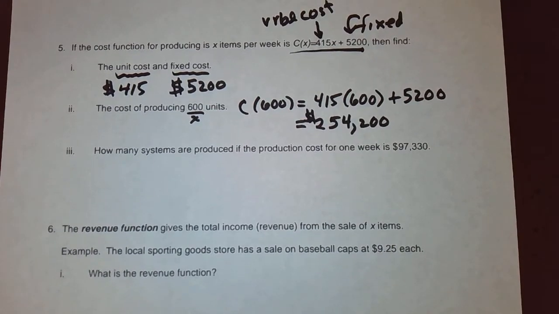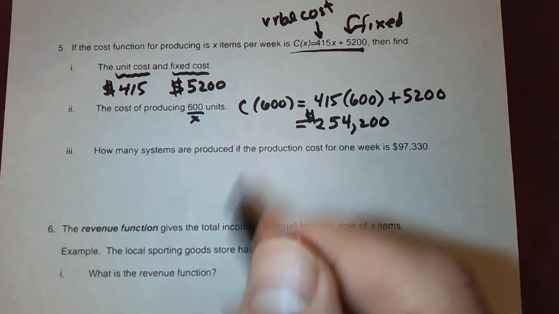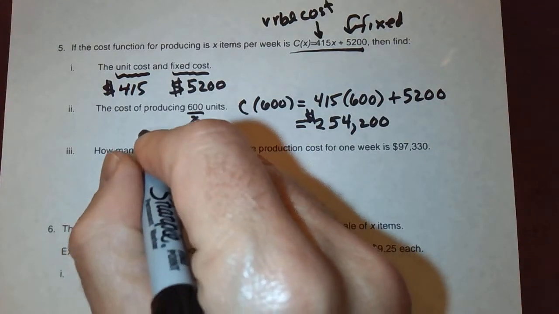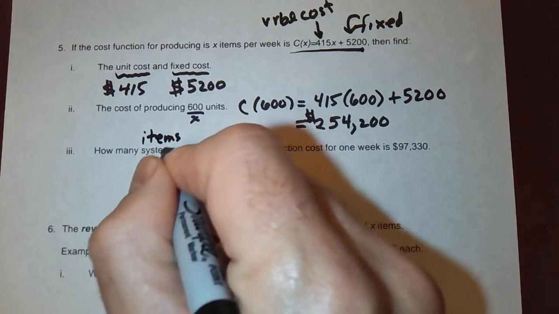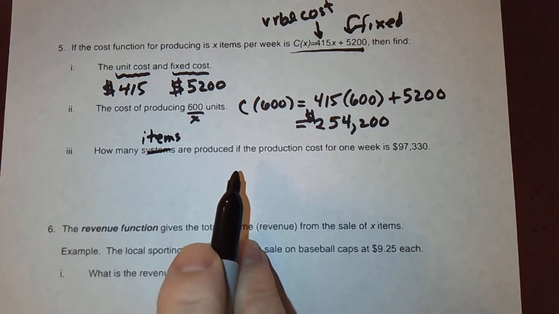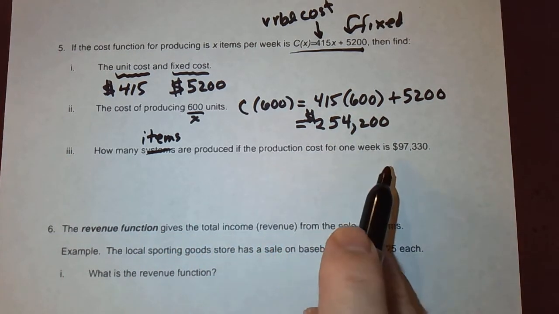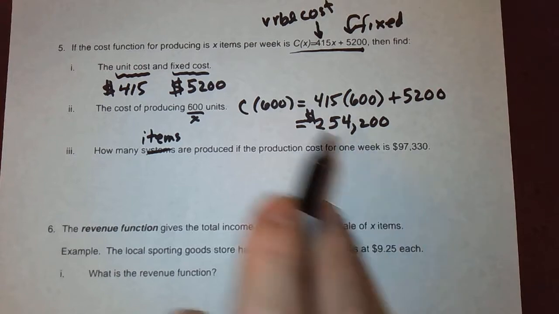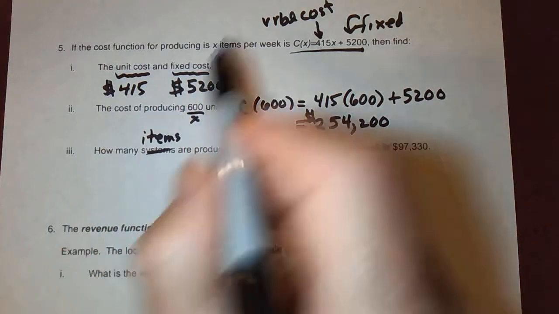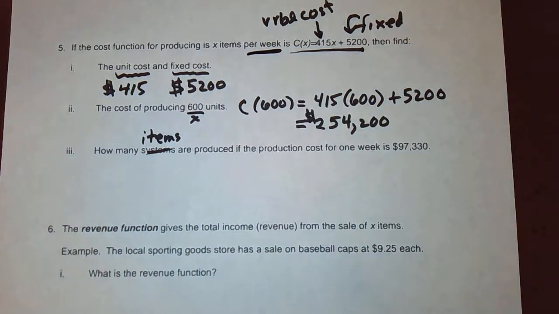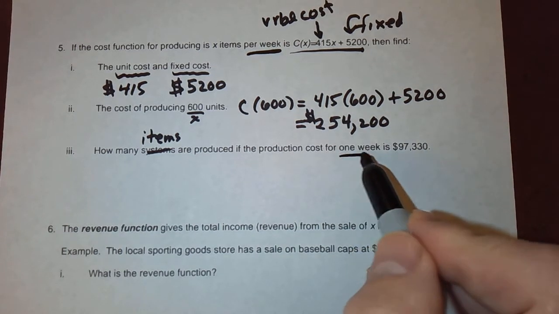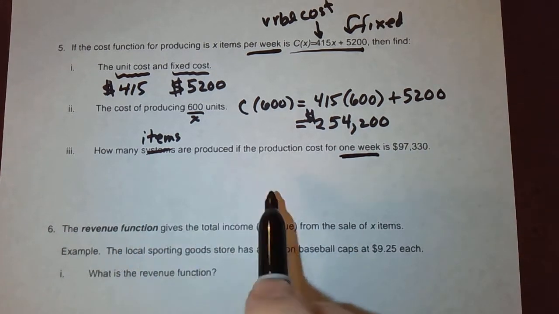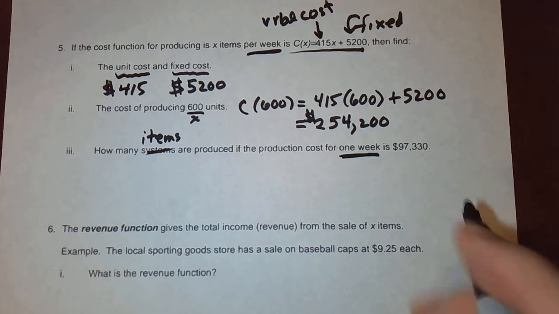How many items, the function should actually say items, I think would be a better word here. How many items are produced if the production cost for one week, and in case I didn't emphasize it, this is a weekly cost function. Usually it's monthly, but this one is weekly. How many items are produced if the production cost for one week is this?